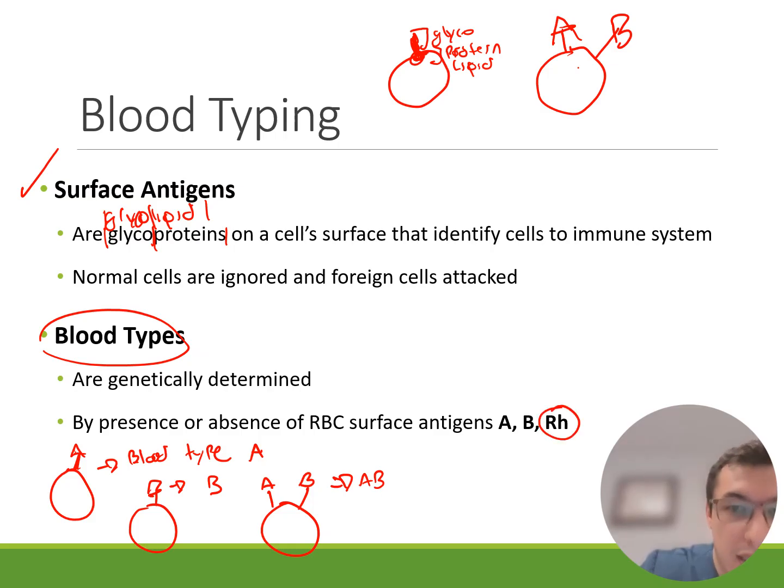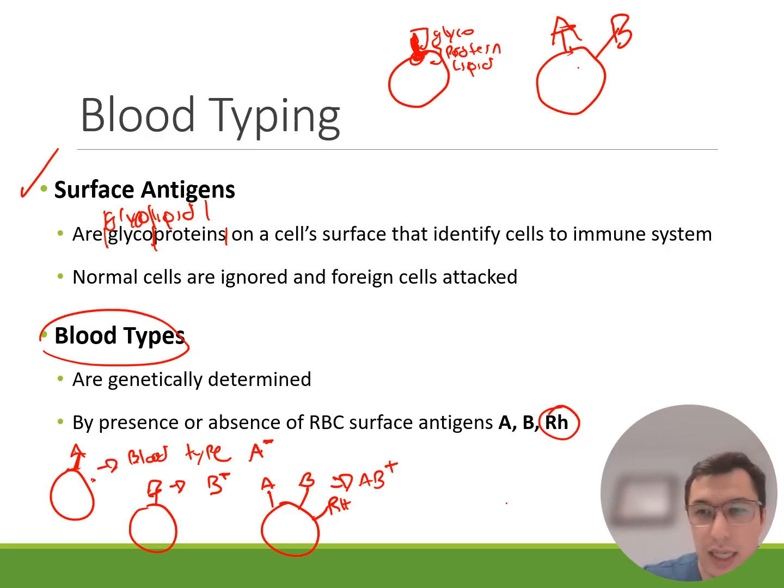This RH is another type of antigen that may be present. If you have RH, that will make it positive. If you do not have the RH antigen, that will make it negative. So the presence or absence of the RH will tell you whether it's positive or negative.